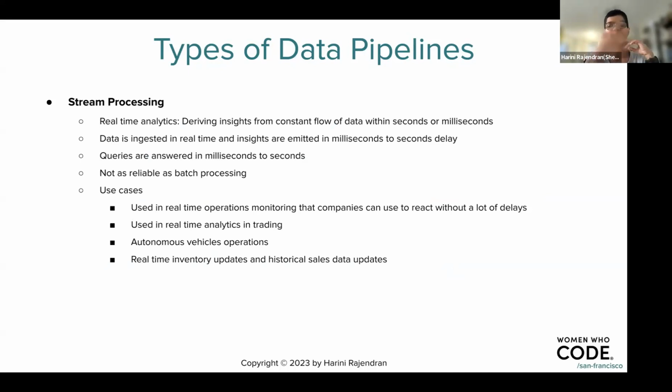As and when data is constantly flowing in, the real-time data pipeline is constantly crunching it and deriving insights from the data within milliseconds or even seconds. That's the main difference between batch processing and stream processing.